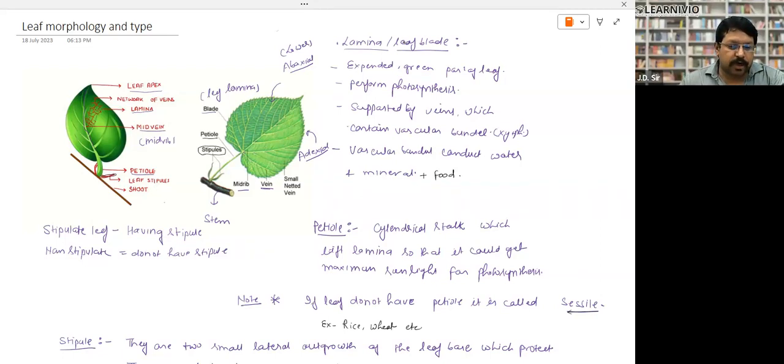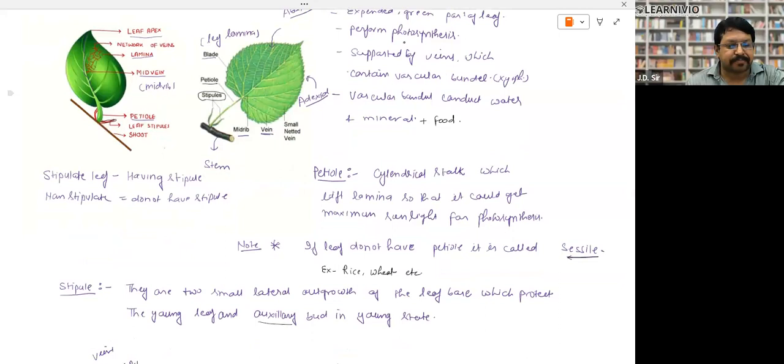Vascular bundles conduct water and minerals. Then come to the petiole. Petiole is the cylindrical part, and the leaf lamina can get maximum sunlight. So the function of petiole is to provide maximum exposure to sunlight to the leaf blade, right? If the leaf does not have a petiole, it is called sessile.